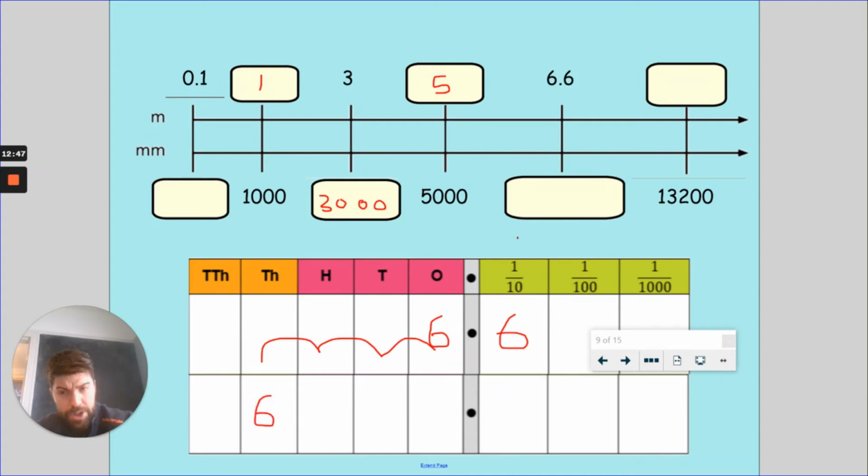Now this time I'm not just using placeholder zeros because I've got more digits to move. 1, 2, 3. That's going to come in there. Now I've got no more digits to move, so all I require now is placeholder zeros. Job done. 6.6 metres is equal to 6,600 millimetres. And the last one then, let's get ready for the last one.